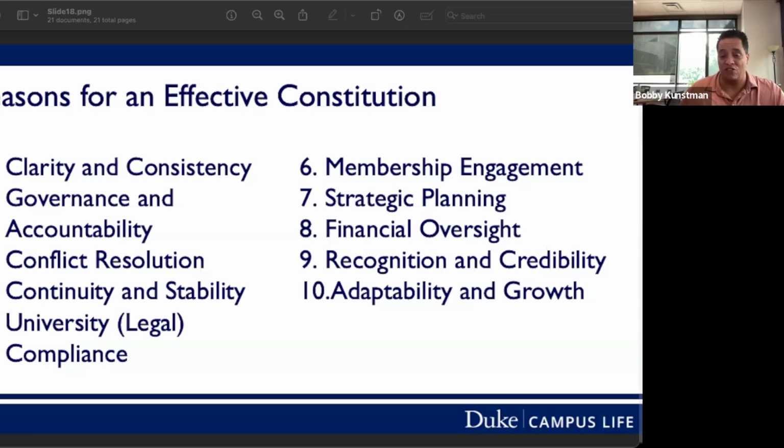The student involvement and leadership team will help you all navigate that conflict. But the reality is, if it's not written out, if it's not drafted in a way, we're going to use your governing documents as the first step in this process. So give thought to how you grow and develop that.